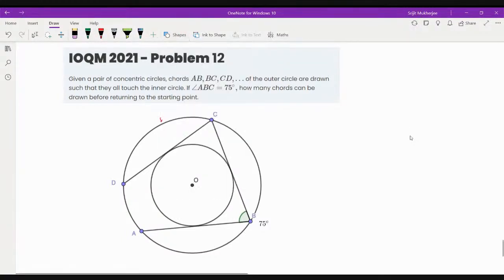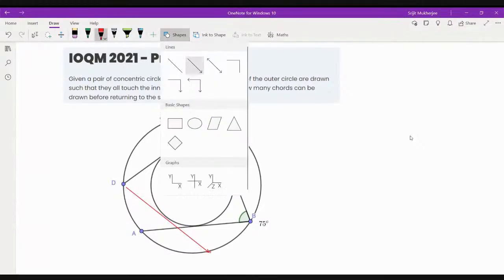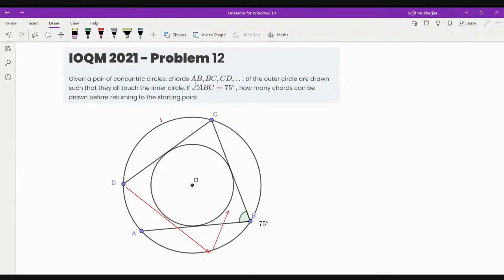So it will be kissing here somehow, and then again it will be going to that side, and then again it will be going to that side, and coming back.